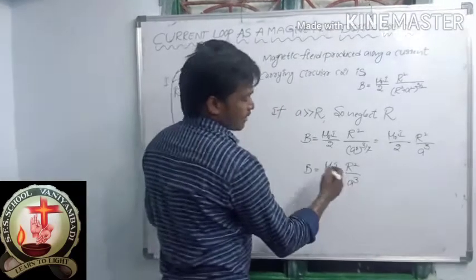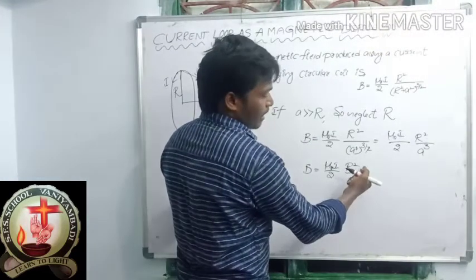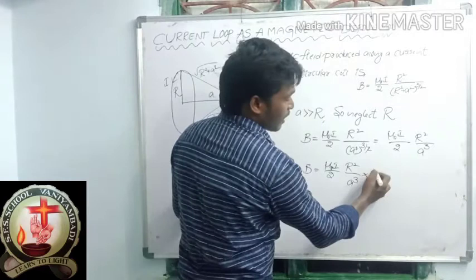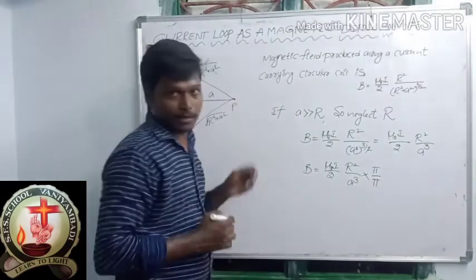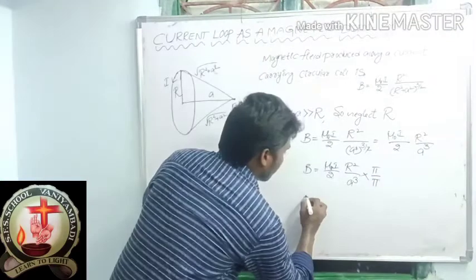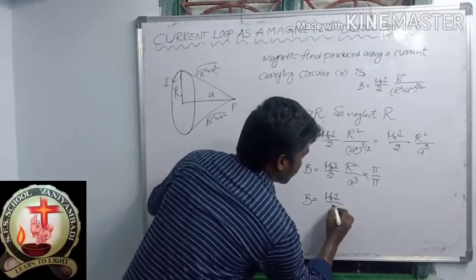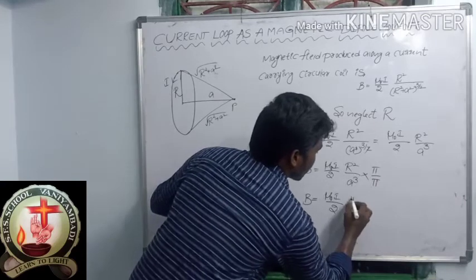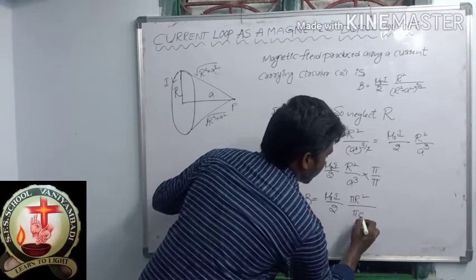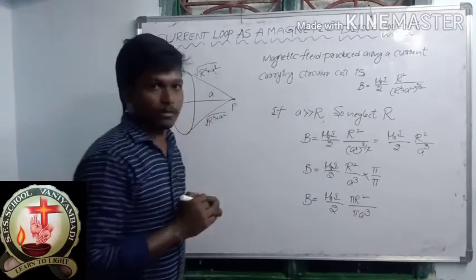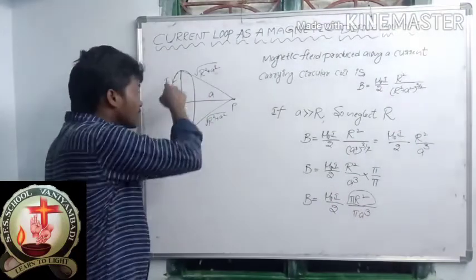Now, in the numerator and denominator, I am multiplying by pi and dividing by pi. So B is equal to mu naught I by 2 into pi R square by pi A cube. Here pi R square means the area of this loop.